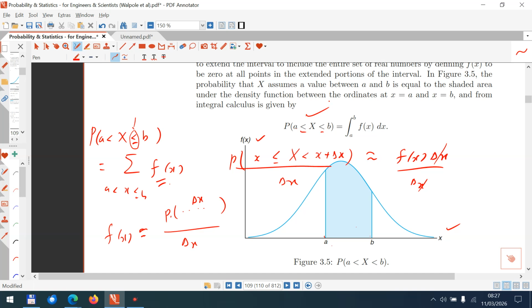Because integration doesn't care about whether it's included or not in the limit. So why that? Because we add all the intervals anyways, right? When we integrate. No, but that is not the main reason. Why does it matter in summation and why does it not matter in integration?